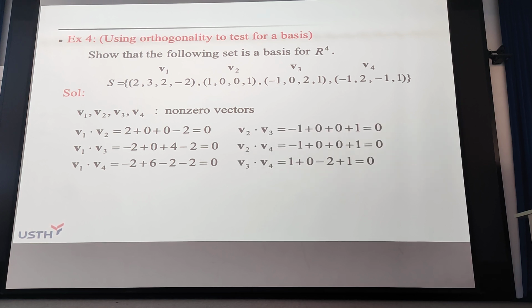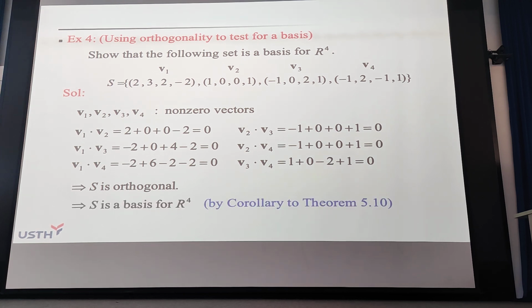So because of that, you see the system S is orthogonal. And because it is orthogonal, it must be linearly independent. And the dimension is 4 already, so S is a basis for R4.